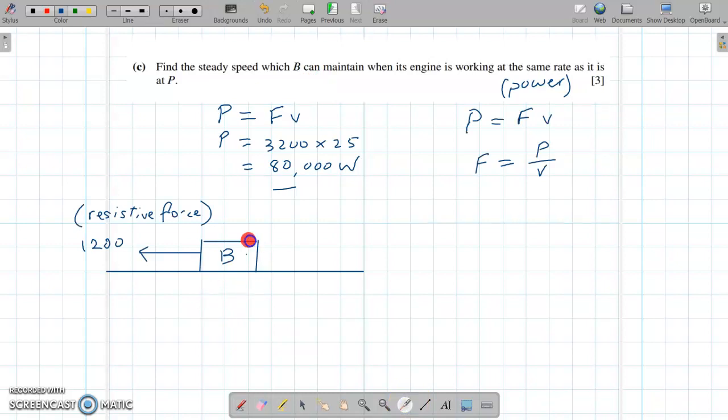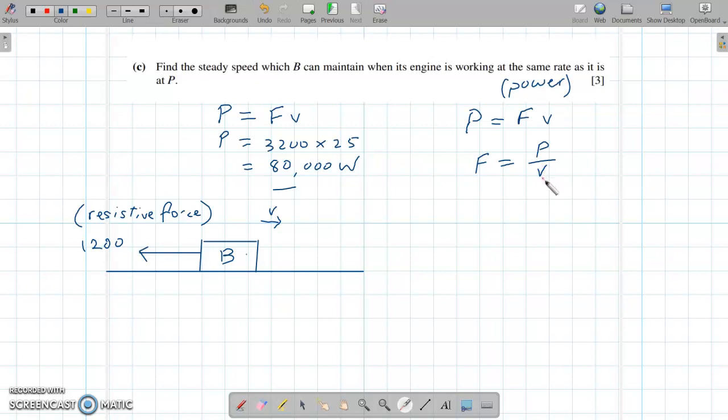Okay, so there's our car B, and it's travelling in this direction at our constant value of V. This is our maximum velocity. Okay, and we have our resistive force of 1200. Now this bit is more difficult to understand. If we go back to our power equation, P equals FV, if we make F the subject, F is P over V. Okay, so you can see if we keep the power constant at 80,000 watts, the driving force is dependent on the velocity.